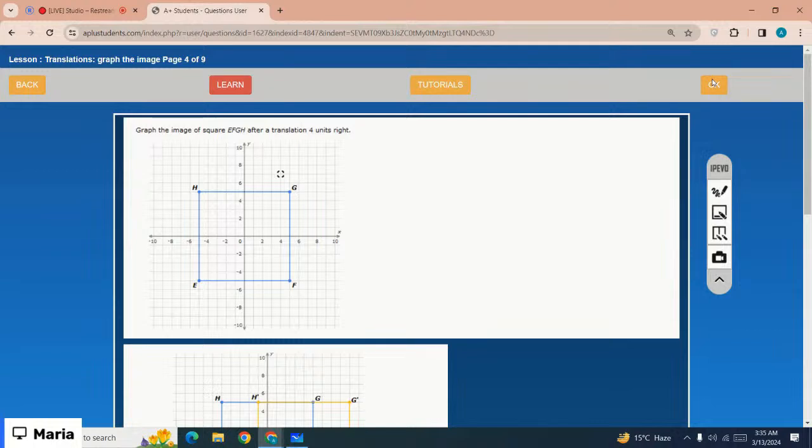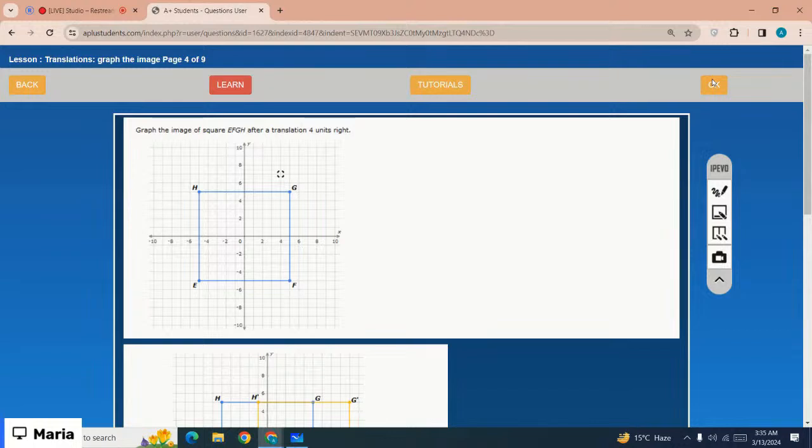Okay, the next one is graph the image of square EFGH after a translation 4 units right. So which is the correct option? You have to move now right, right?